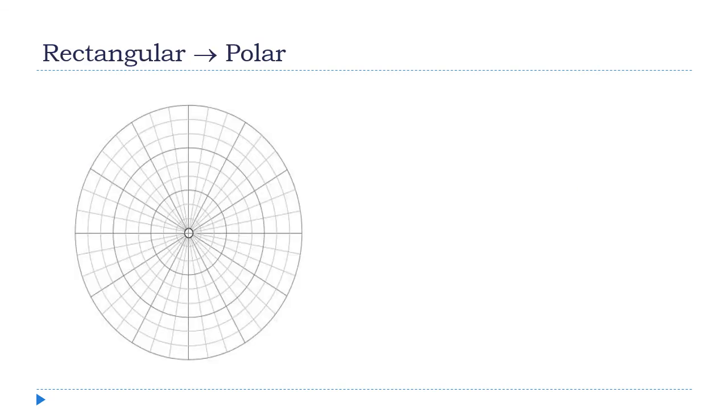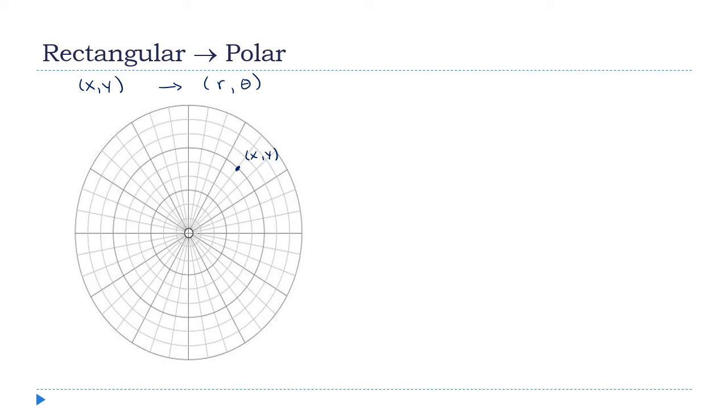Okay, so how about going the other way? Now I know x and y, and I want to turn this into r and theta. So let's walk through the same process here. I'm going to pick a point out here, and this point is x, comma, y. So what do I know?